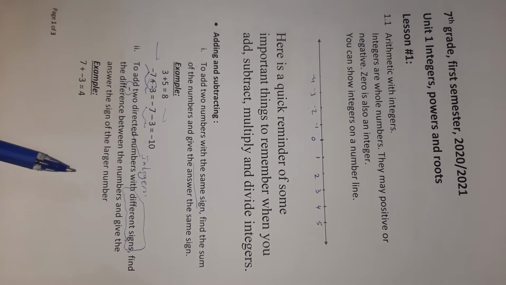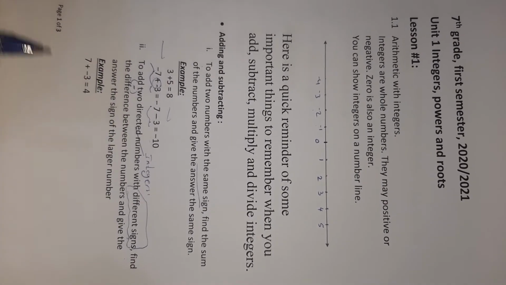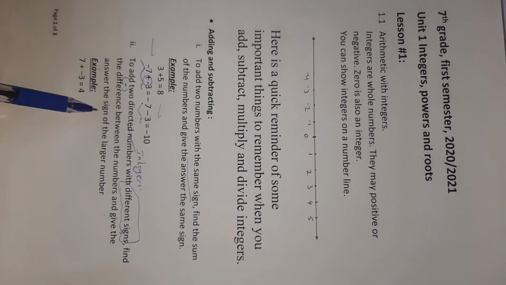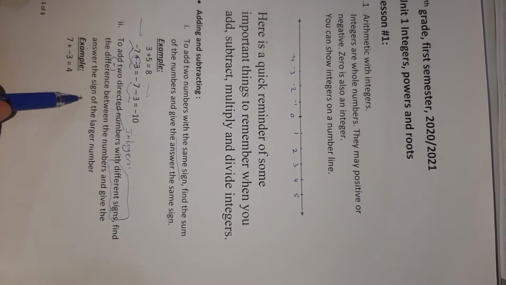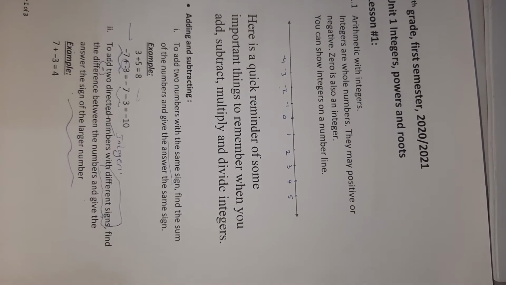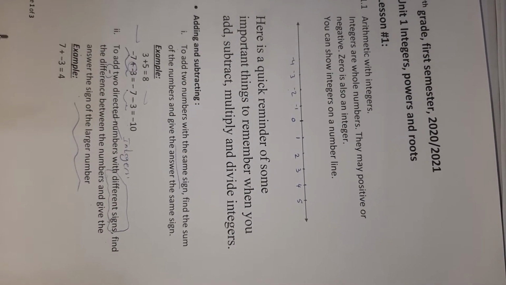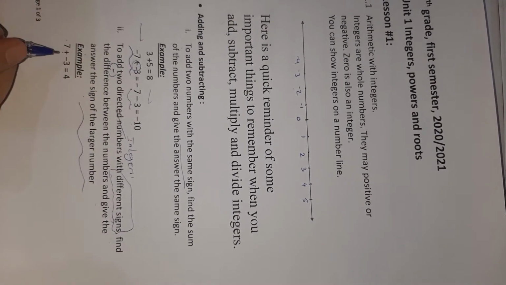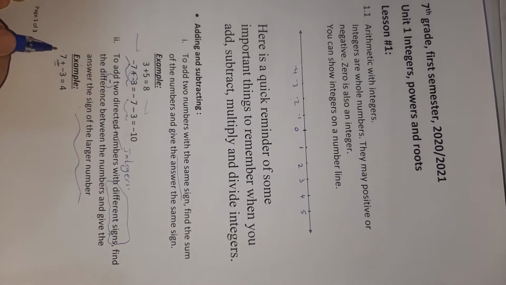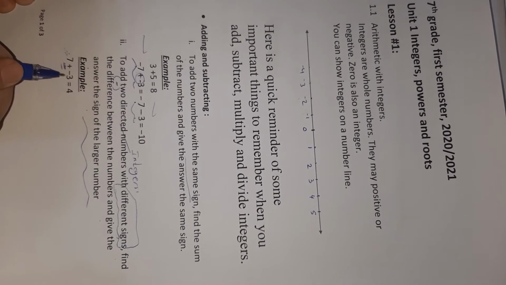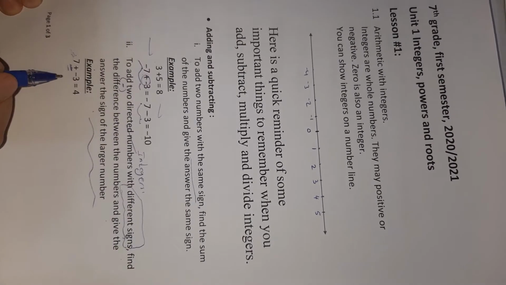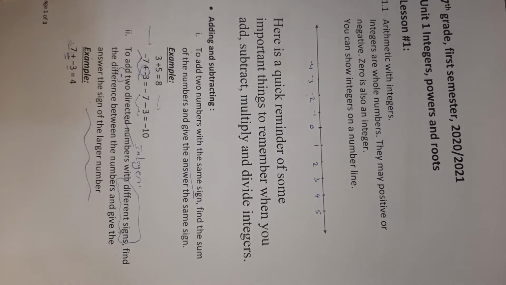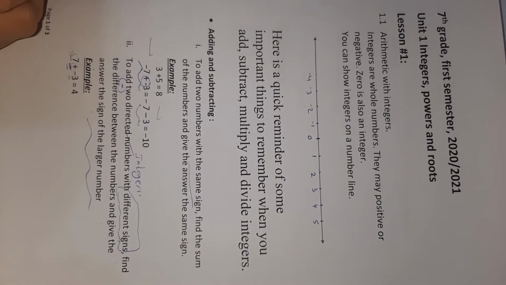After finding the difference between the numbers, give the answer the sign of the larger number. I'll give an example to explain that. 7 plus -3. You add 7 with positive sign, add -3 with negative sign. So here we are adding two numbers with different signs. First of all, we have 7 and 3.